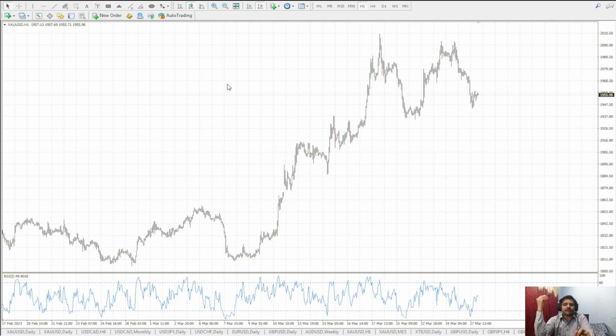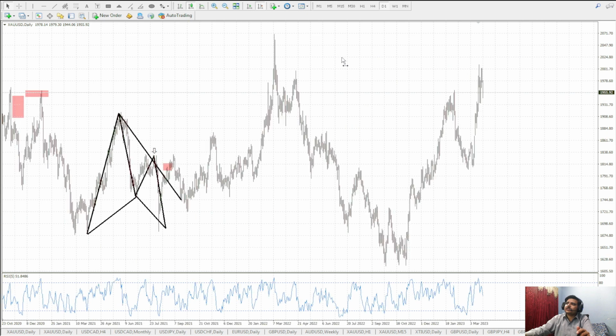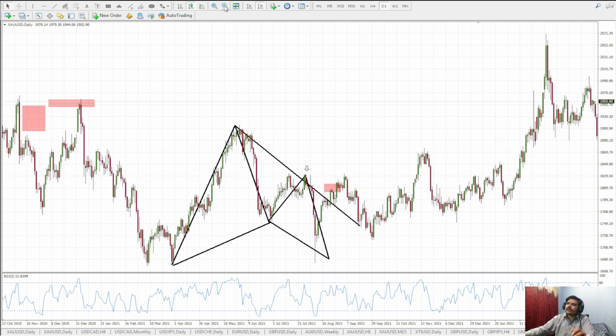Let's say if you are a long-term trader, then obviously you will be focusing on the higher time frame trends, and if you are a short-term trader, you will be focusing on the lower time frame trends most of the time. That's what I have seen in my trading career.